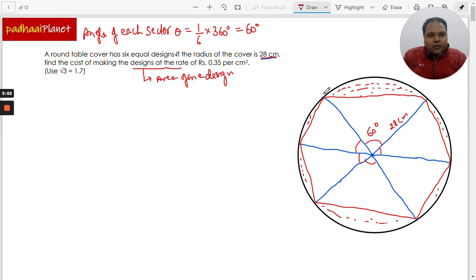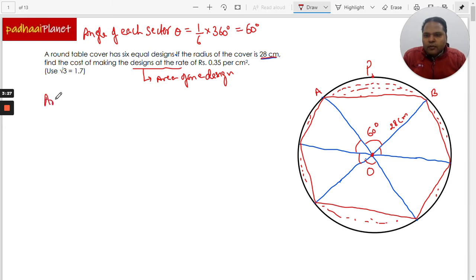So if I name this as O, the center of the circle, and this is A and this is B, and suppose this point is P, we need to get this red area, the area of the shaded part.